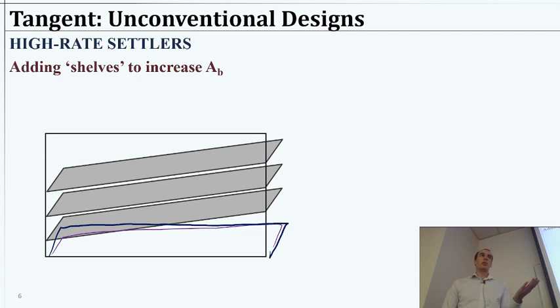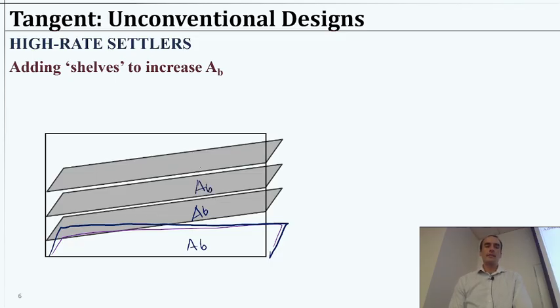And what this will do is, in a way, reduce the height that the particles have to fall as they're going through it. So one way to look at it is we're reducing the height the particles travel before they hit something where they stop. The other way to look at it is we're literally multiplying our area, right? Because each shelf has some area of that shelf. We can call it AB as well or something.